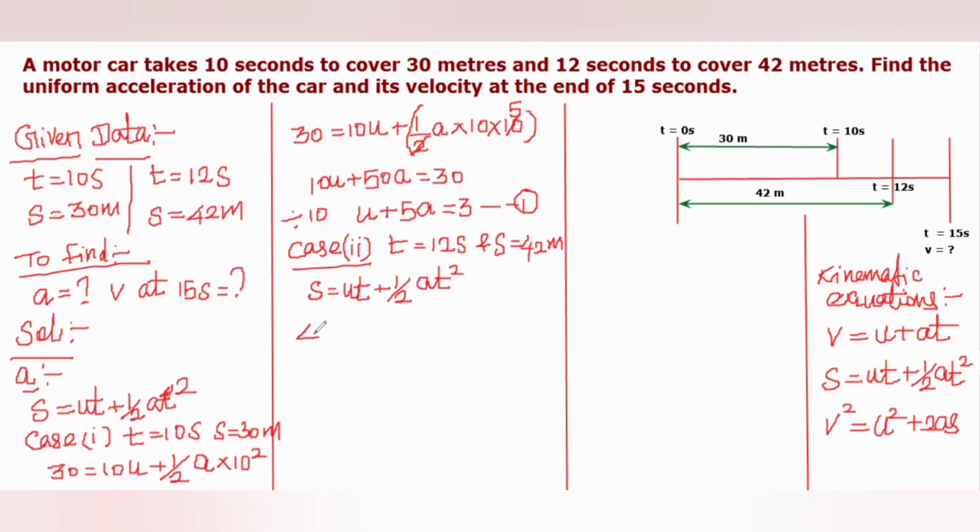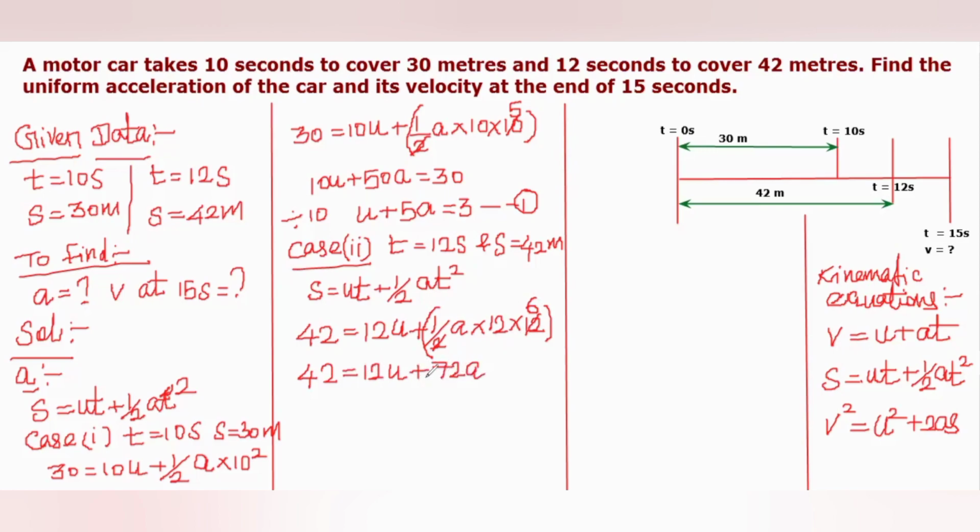So we can write 42 equal 12u plus 1 by 2 a multiplied with 12 square, that is 12 multiplied with 12. I cancel this 2 and put 6. So 42 equal 12u plus 72a.